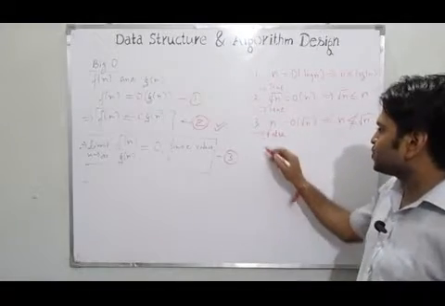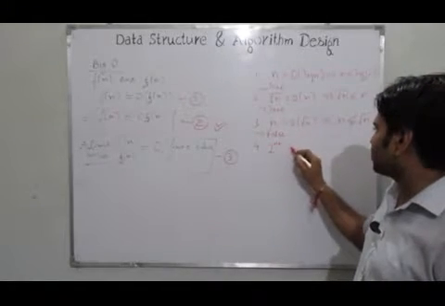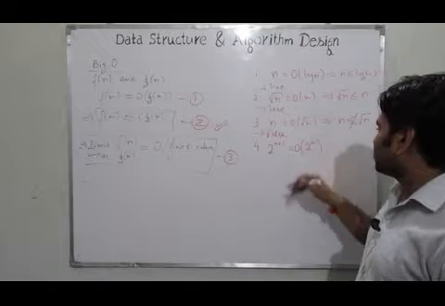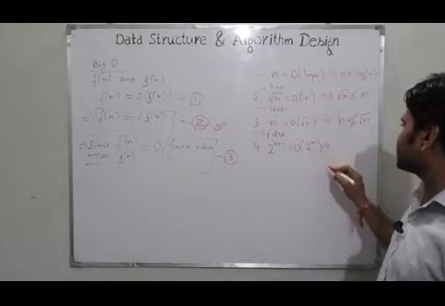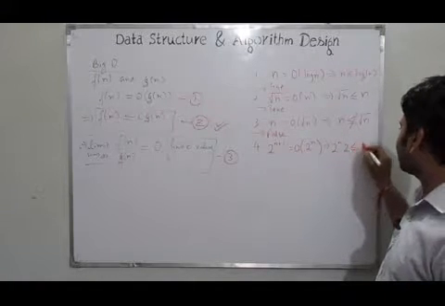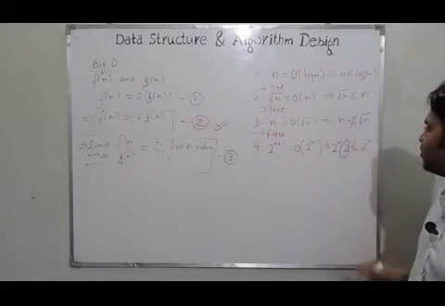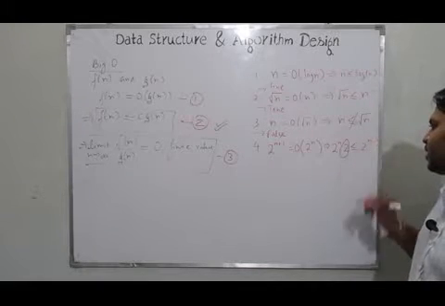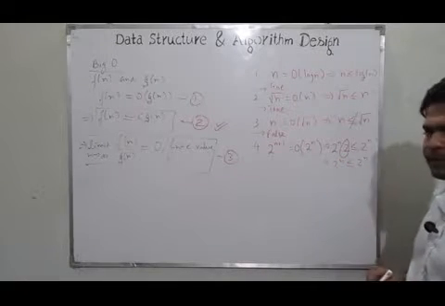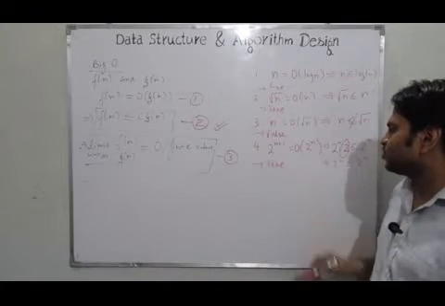Clear? So next, if we take 2n plus 1, we can express it in this way also: 2n into 2 is less than or equal to 2n. Since we don't have to consider the constant value while determining the asymptotic notation running time, this simply means 2n is less than or equal to 2n, and it is completely justifiable. That means it is also true.